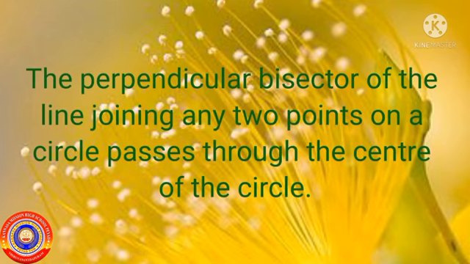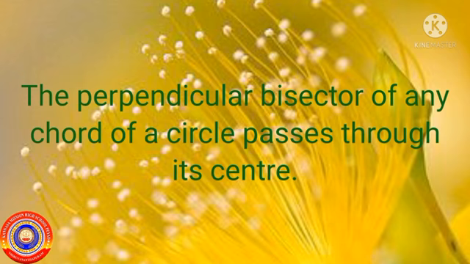From this, we arrived at the conclusion that the perpendicular bisector of the line joining any 2 points on a circle passes through the center of the circle. And the line joining 2 points on a circle is called a chord. In general, we can say that the perpendicular bisector of any chord of a circle passes through its center.